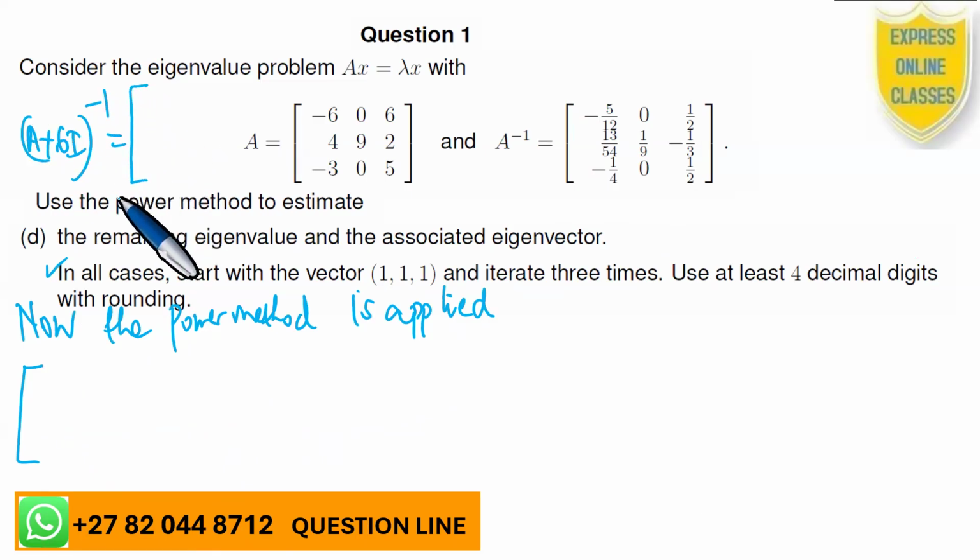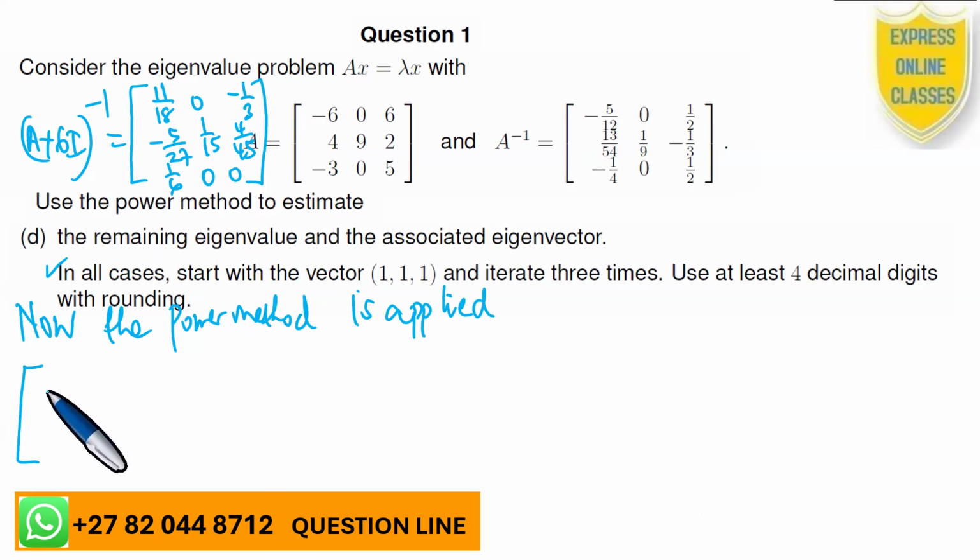18. So 1 out of 15, 4 out of 45. 0, 0. Which is 11 out of 18. 0 minus 1 out of 3.